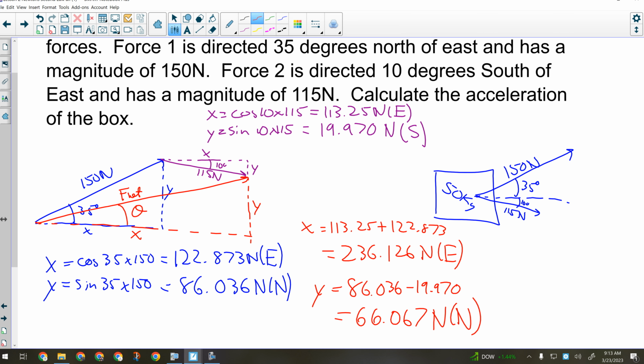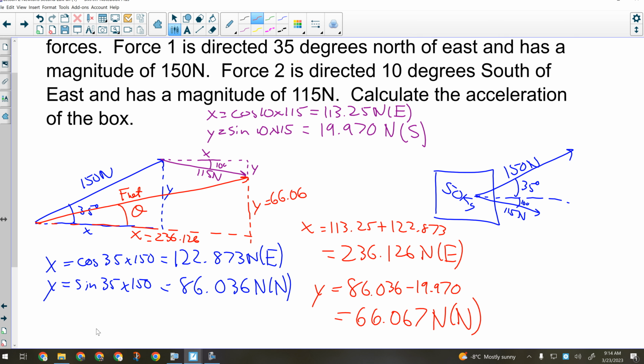Now I know these two sides here: 66.06 and 236.126. Just looking at those numbers, my scale is not great. My theta is probably a bit big, but oh well. It still generally represents what's going on here.